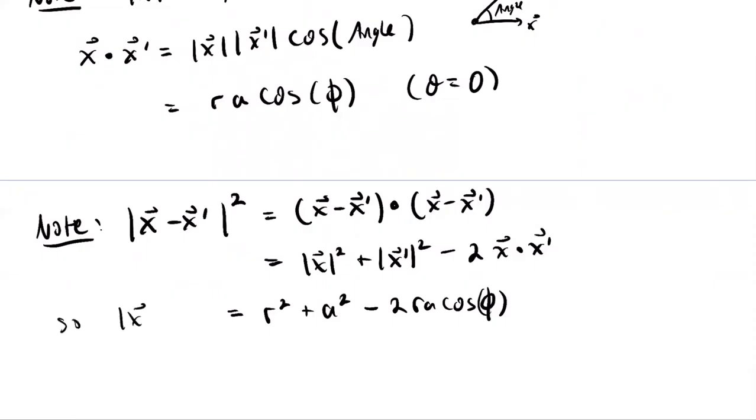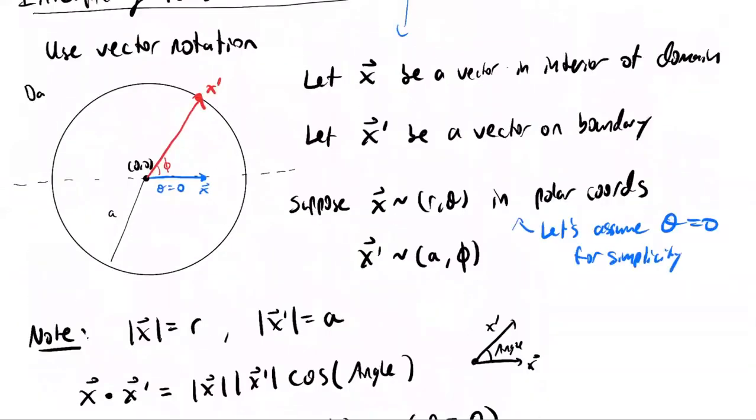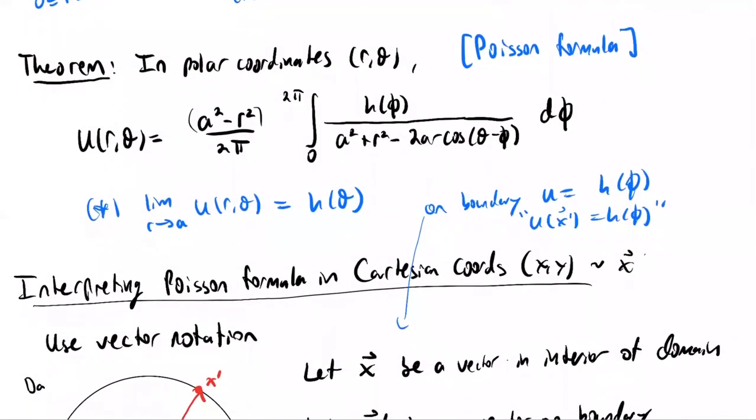But this is exactly what we have in our integral, and so we're going to be able to replace this quantity in the integral by the length of x minus x prime, squared. And so now we're well on our way to what we're trying to do, which is to rewrite this in terms of x and x prime. We know that h of phi should be given by the values of u at x prime, because x prime is a point along the boundary over here at the bottom of the screen.